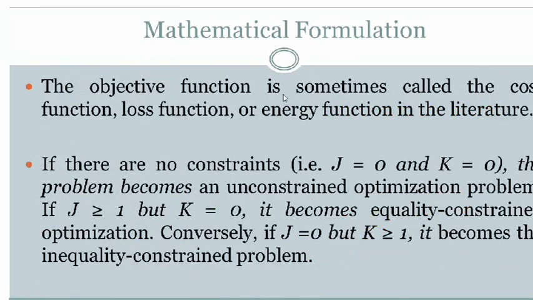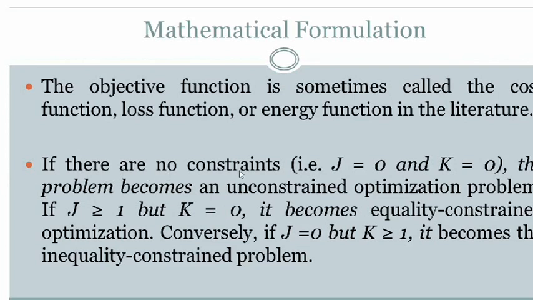The objective function is sometimes called the cost function, loss function, maybe profit function, or energy function in the literature, in different areas of application, that is in economics, in business, in mathematics.